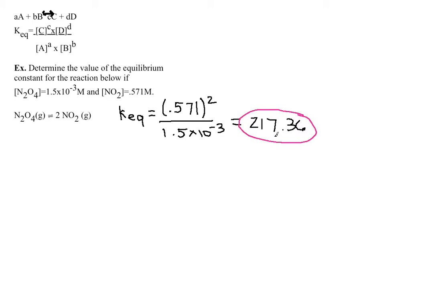But what your KEQ is telling you, since this is a lot larger than 1, is this: it's products over reactants. So if your answer is much bigger than 1, in this case it's 217, that tells us there's a much greater concentration of products than reactants.